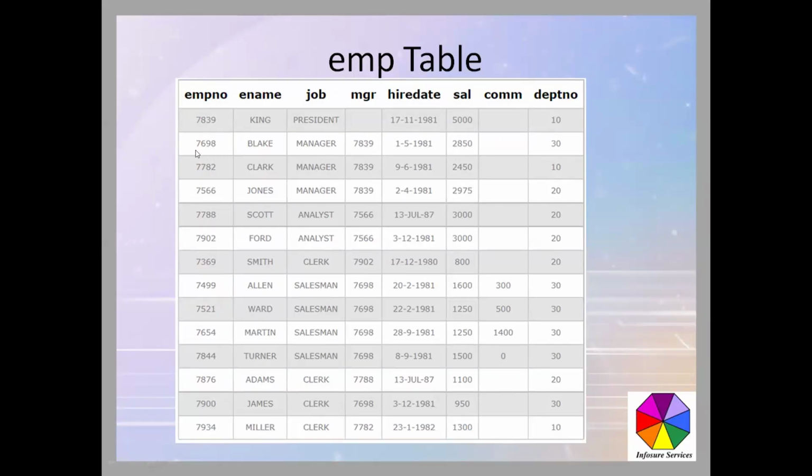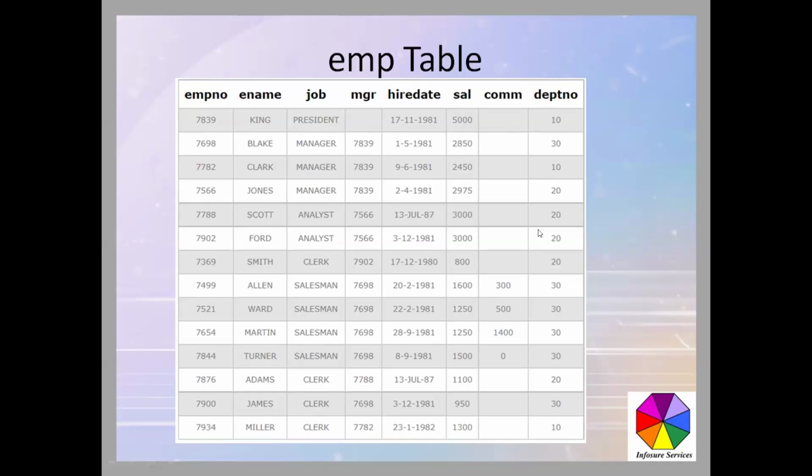MGR is the manager's employee number of this employee. So suppose Scott has 7566. 7566 is with Jones. So this person is the manager of that employee. Hire date, salary, commission, department number.